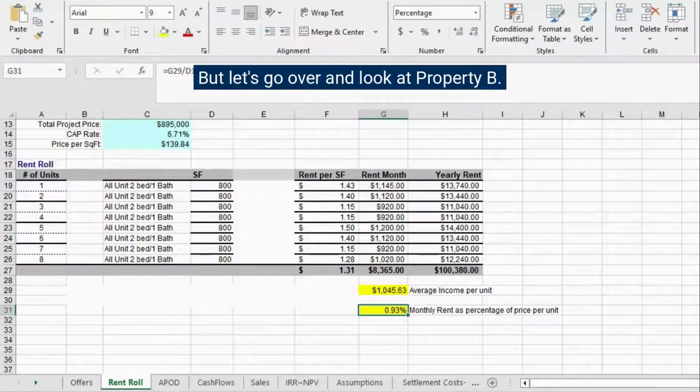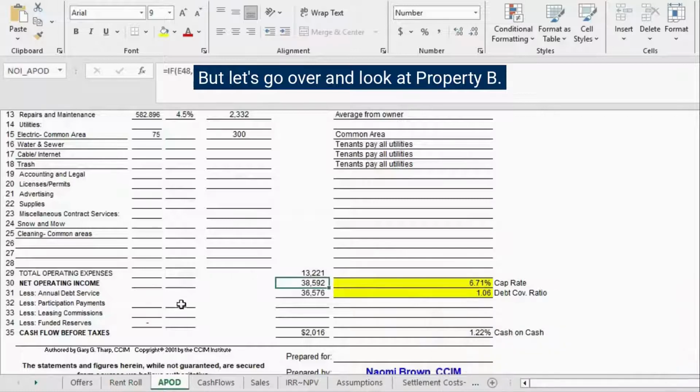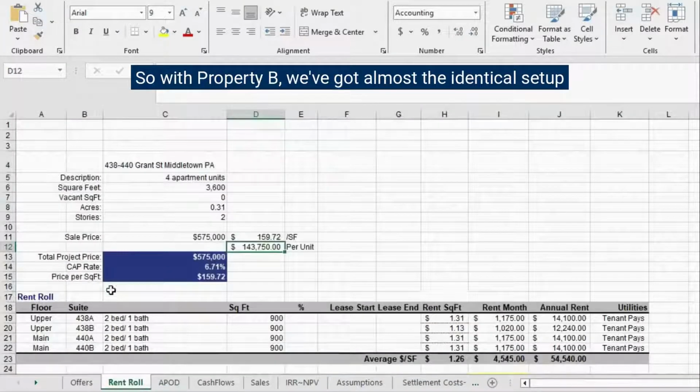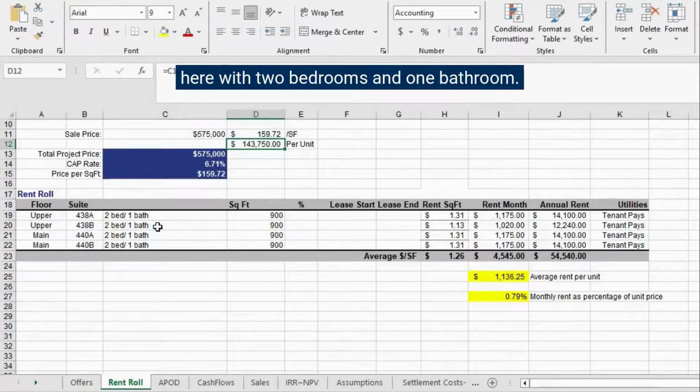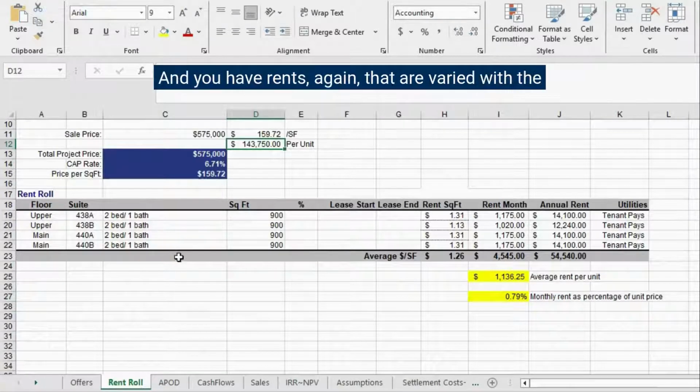But let's go over and look at property B. With property B, we've got almost the identical setup here with 2 bedrooms and 1 bathroom.